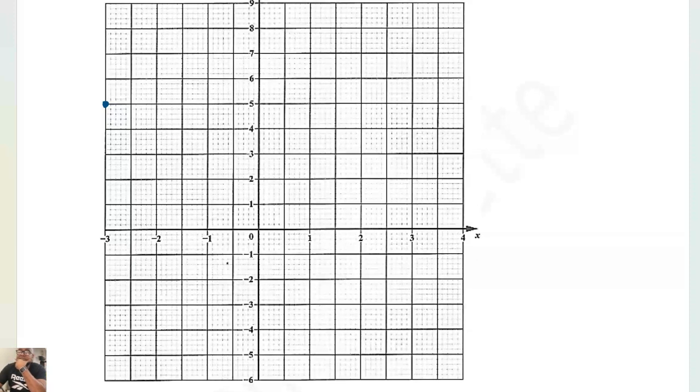Give me the next coordinate. Negative 2 on the x and 1 on the y. So that's here. Next coordinate.